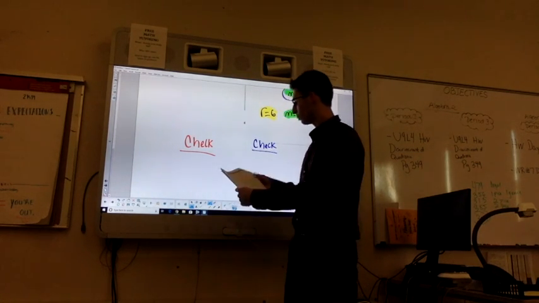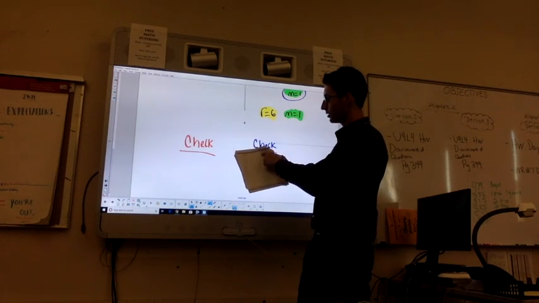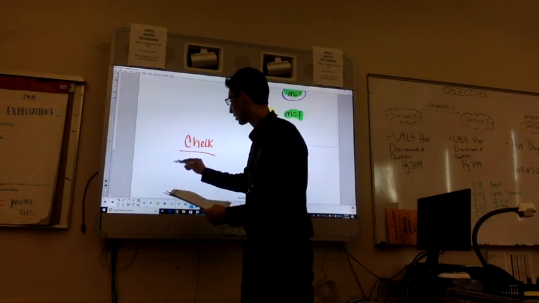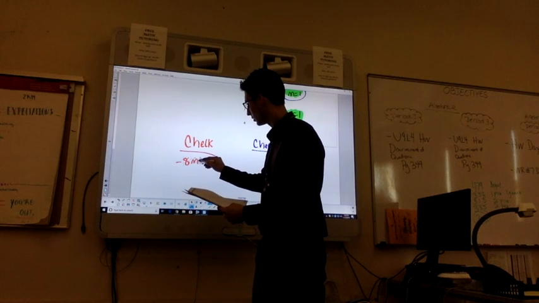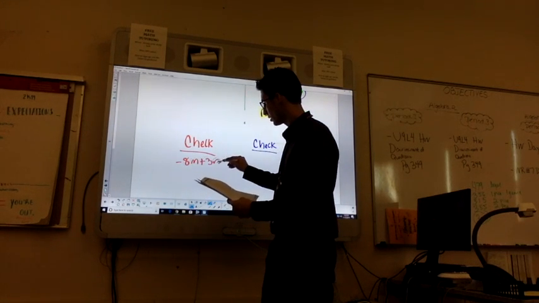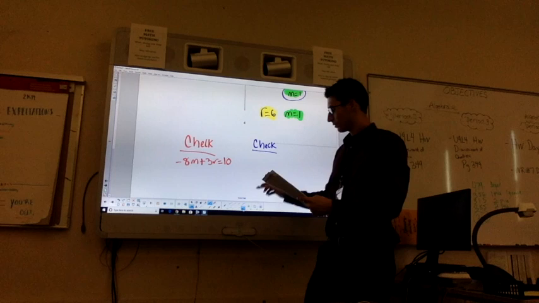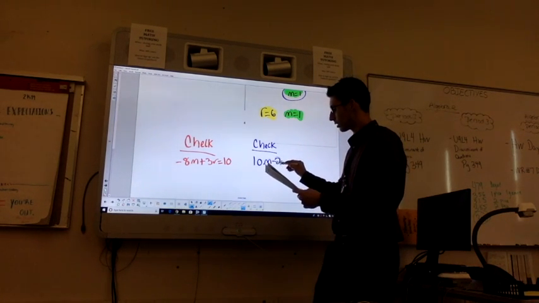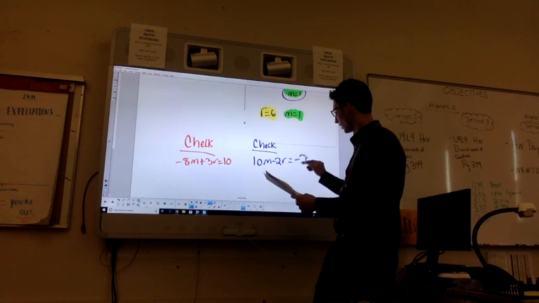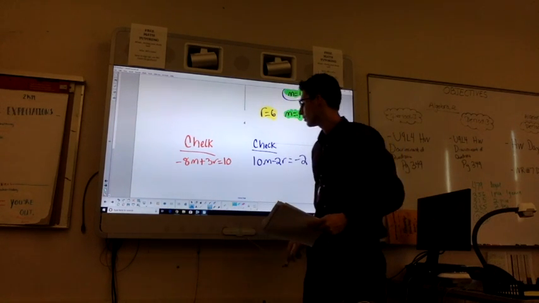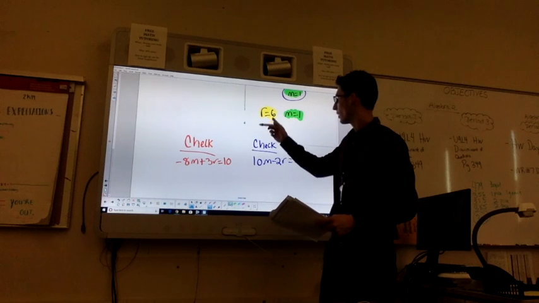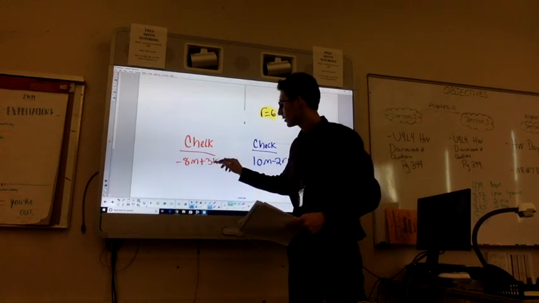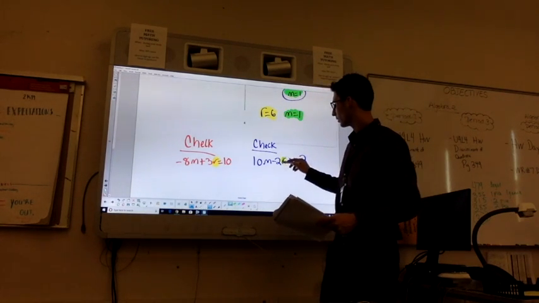So my first check will be my first equation, negative 8m plus 3r equals 10. And then this will be my second equation, 10m minus 2r equals negative 2. And substitute in the values that we just found. R is 6, so R goes there, R goes there.